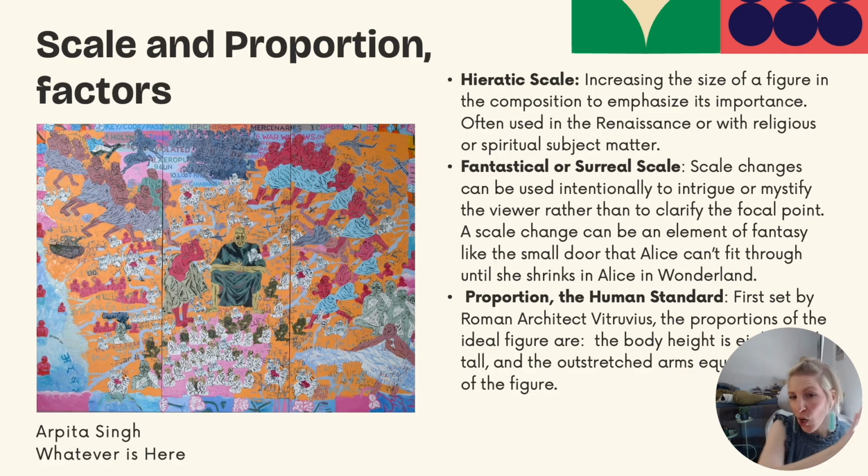This is when all figures are on the same plane, but the use of scale signifies which figure has more importance or perceived value. This is something we see a lot in Renaissance or in religious or spiritual subject matter. We don't really see it used that frequently.